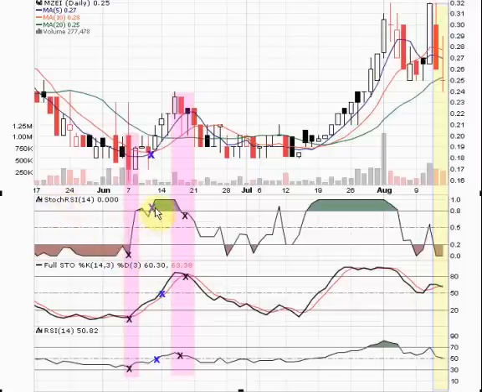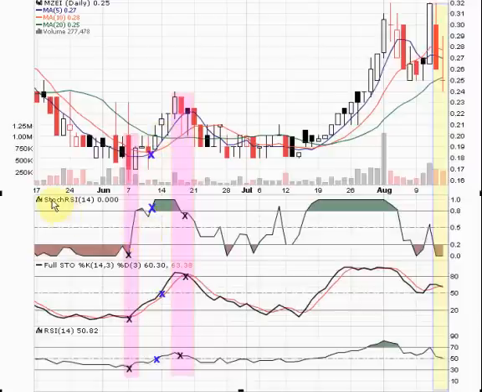If it is above the 80 line, it means you should be in the stock, and that will be your support indication to the 5, 10, and 20 overlay, which I use for entry and exit. So basically what we're saying is if the 5 crosses the 10, that gives you an early indication to enter the stock, and if the StochRSI is in the be in state, that supports the fact that you should be in the stock.